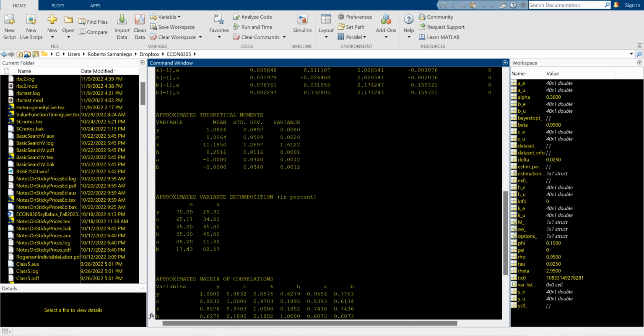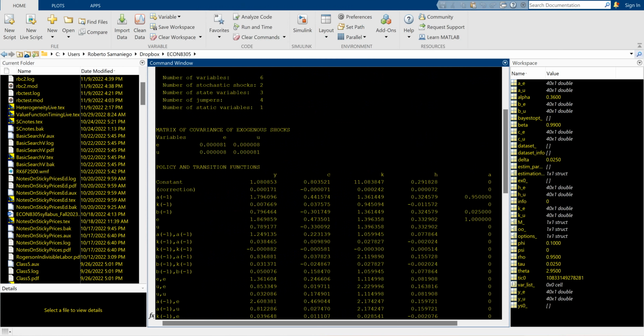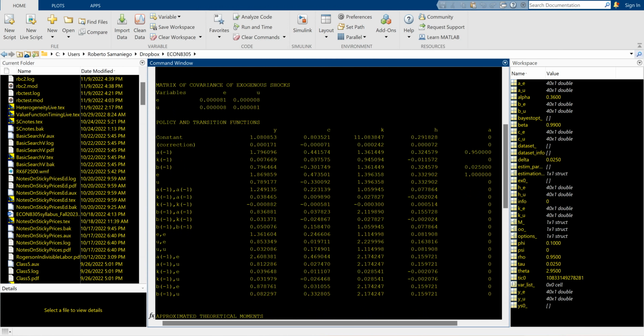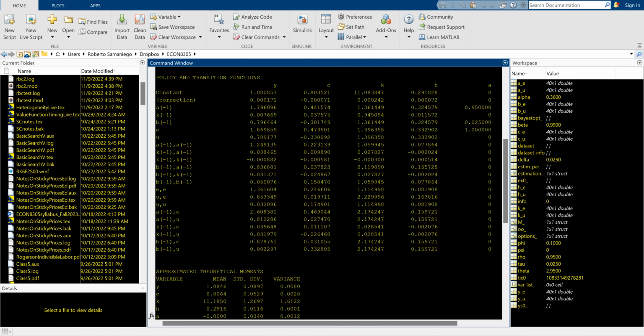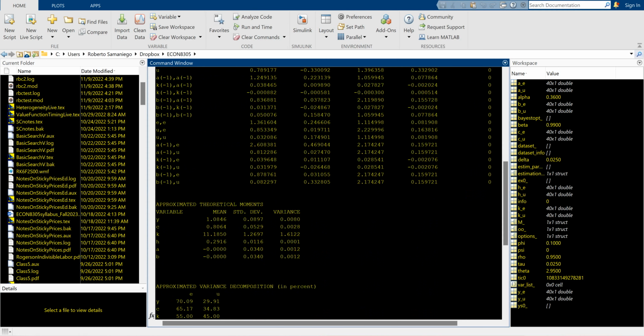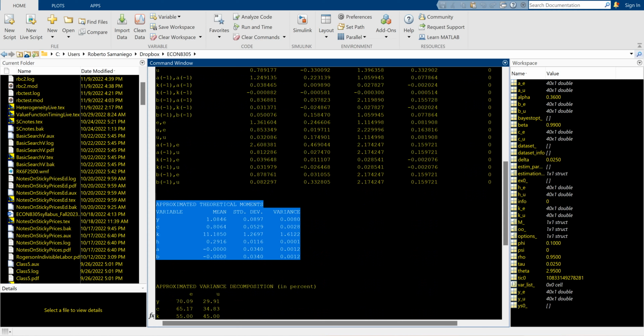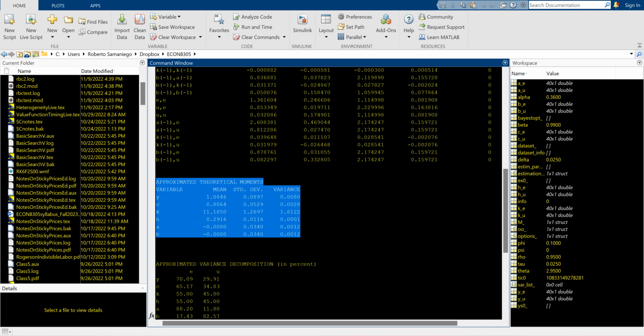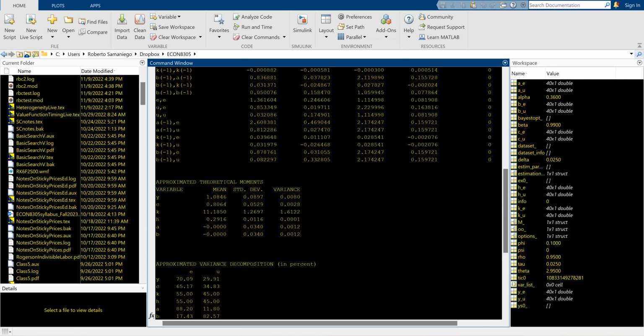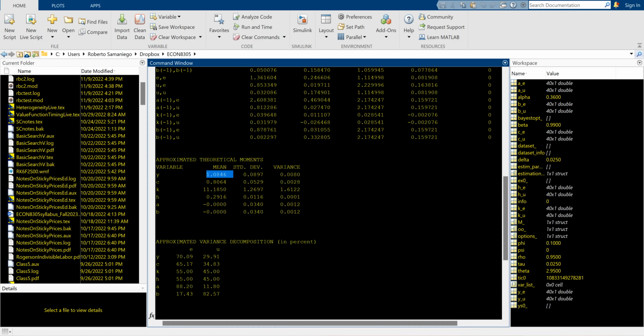Here are some statistics that it computes ordinarily. Here is some information about policy and transition functions. These are means, standard deviations, and variances of these variables in the simulation. Probably of most interest is going to be how big their standard deviation is relative to their mean, since that's something you can compare with the data.